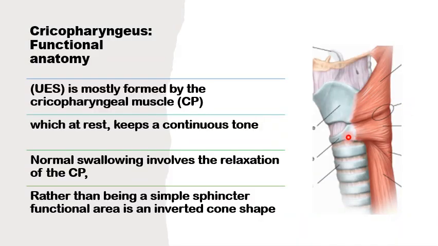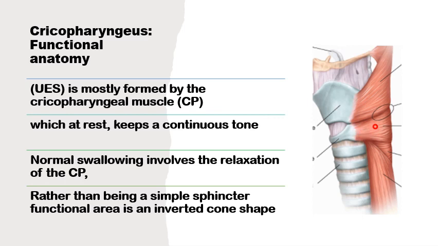The upper esophageal sphincter plays an important part in the formation of pharyngeal pouches. It is formed mainly out of the Cricopharyngeus muscle, with its two divisions, the oblique fibers and the horizontal fibers of the Cricopharyngeus muscle.